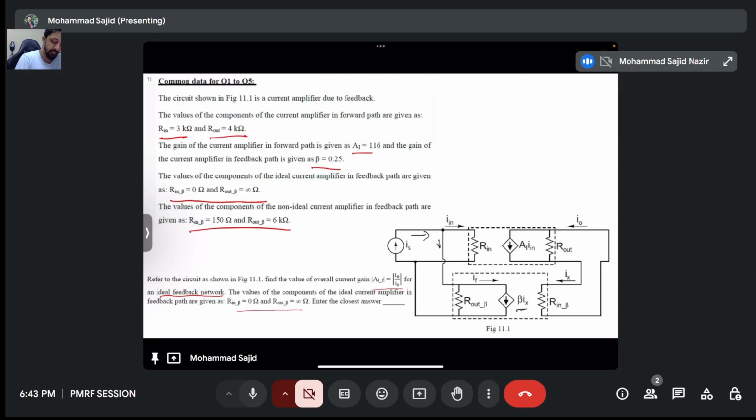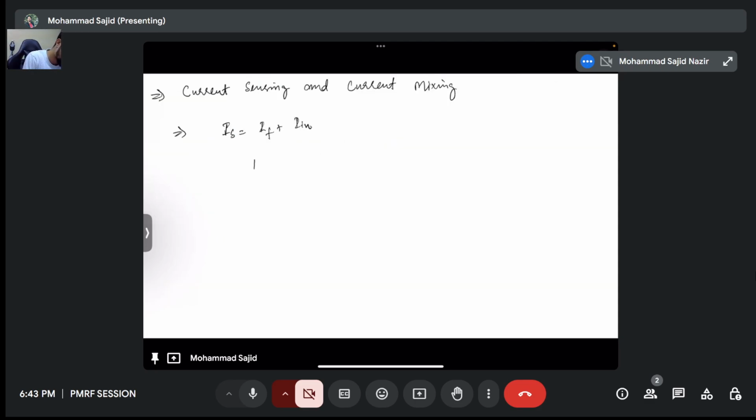This is beta times Ix. So it will be Is equivalent to beta times Ix plus In, right?